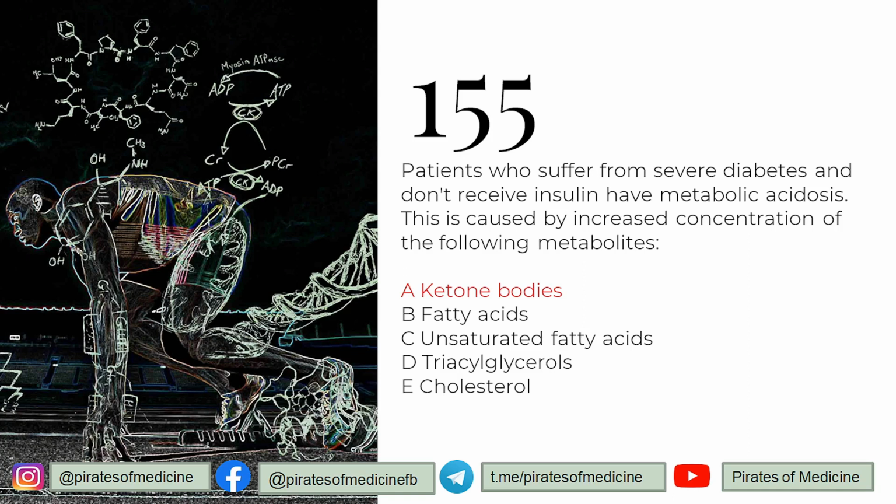In this case, there is an increased production of ketone bodies in the body. Now these ketone bodies are acidic in nature, and their increased concentration causes metabolic acidosis. Correct? I hope you understand this. So let's go to the next one.